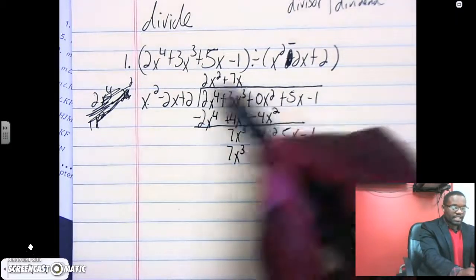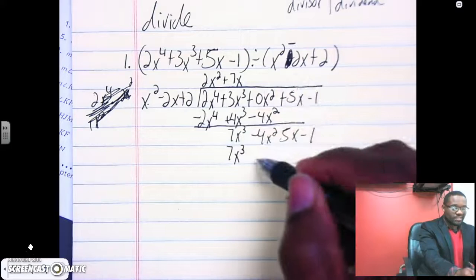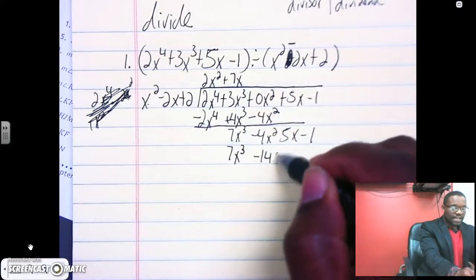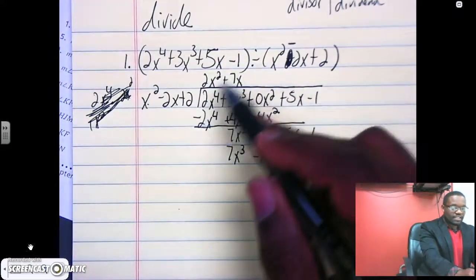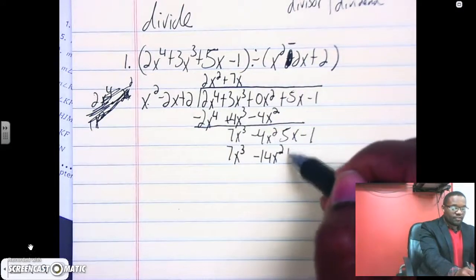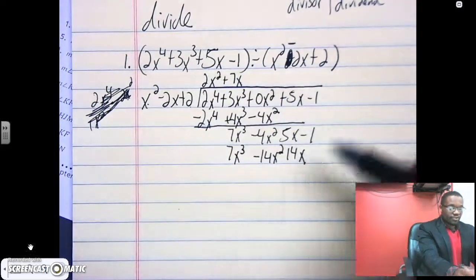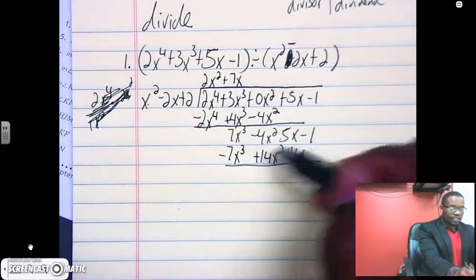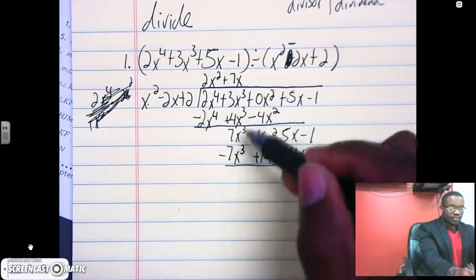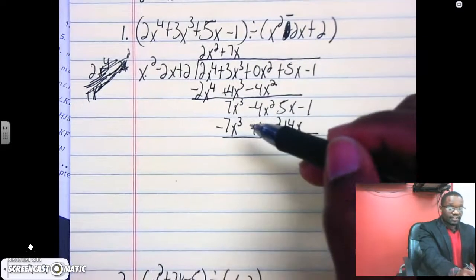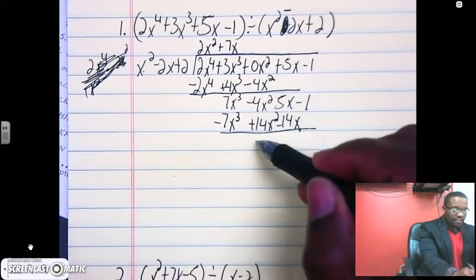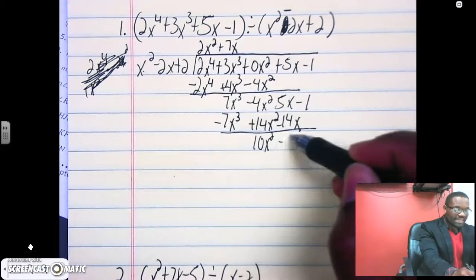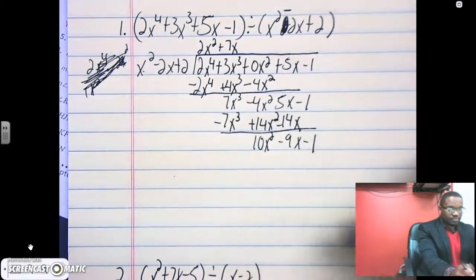And 7x times negative 2x is negative 14x squared. And 7x times 2 is 14x. And so what do you do here? You draw your line and change all your signs. And so those two cancel out again. They go to 0 like they're supposed to. And so what I have here is 10x squared minus 9x minus 1.